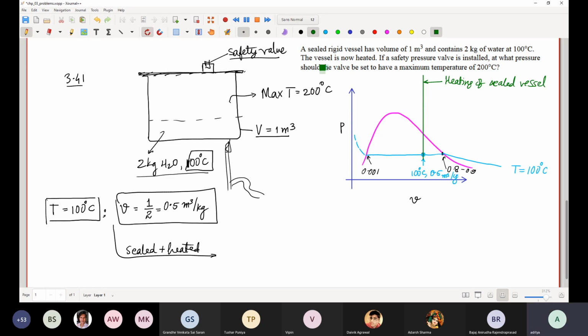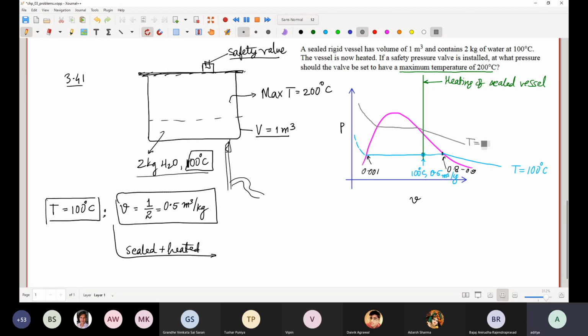And we bother with a maximum temperature of 200 degrees Celsius. We would like to know the pressure which corresponds to this. Let me draw the 200 degrees Celsius isotherm over here.